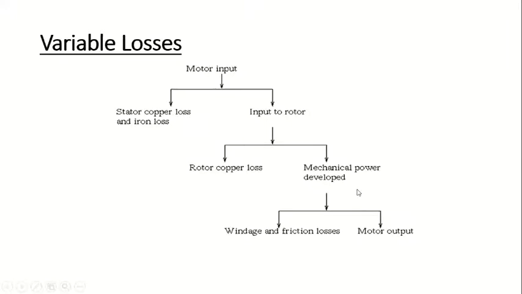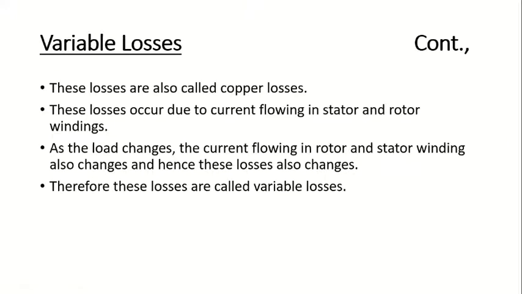And this is variable losses. The variable losses are mainly due to the current flowing in the stator and rotor. When the current in the stator is I, due to that there is a current and a resistance, that is I square R losses. The copper losses are also nothing but I square R losses or ohmic losses.